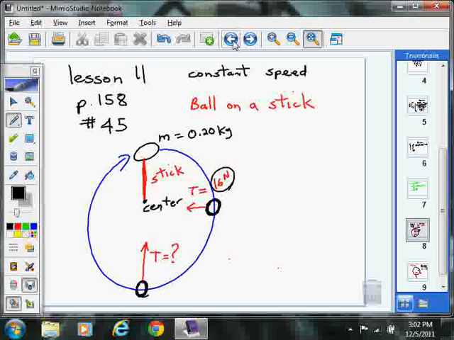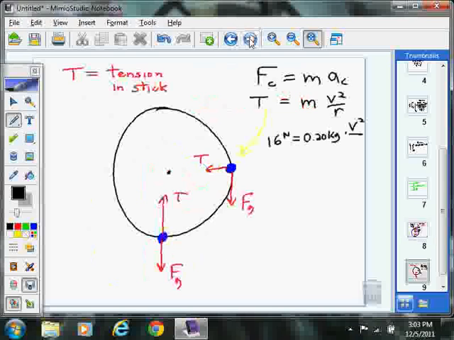No. So I guess we're going to have to solve in terms of the radius. Not a problem. Because we only know the velocity.